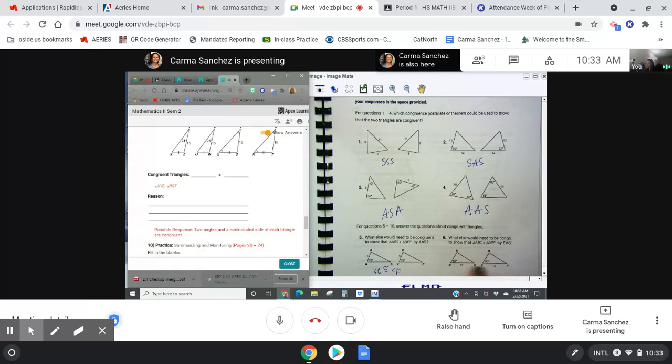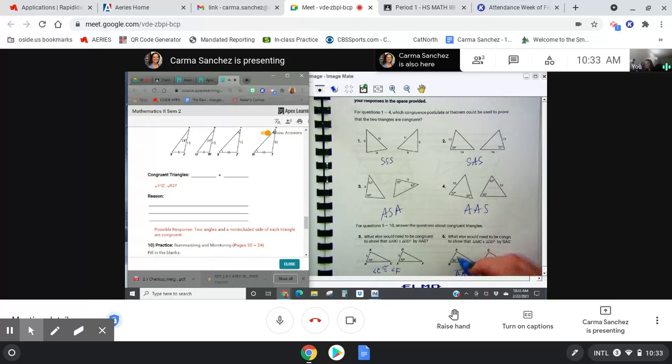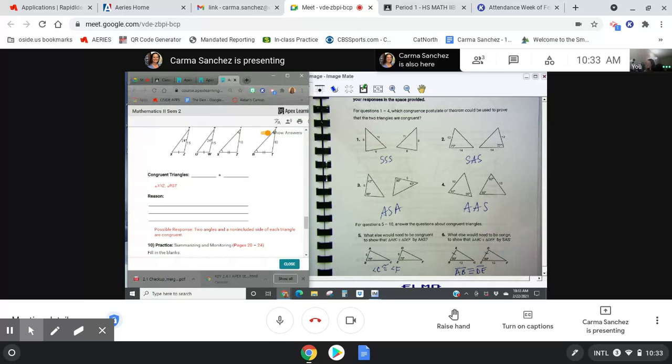So if we need side, angle, side, we would need side AB congruent to side DE. And if I had that side right here, then I would be able to say by SAS. If I had this angle here, I would have enough for AAS.